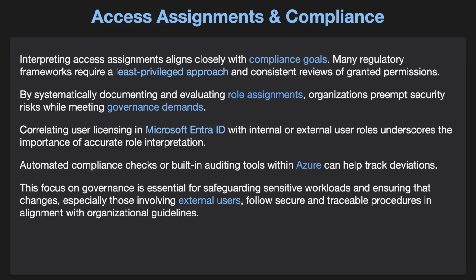Correlating user licensing in Microsoft Entra ID with internal or external user roles underscores the importance of accurate role interpretation. Automated compliance checks or built-in auditing tools within Azure can help track deviations. This focus on governance is essential for safeguarding sensitive workloads and ensuring that changes, especially those involving external users, follow secure and traceable procedures in alignment with organizational guidelines.